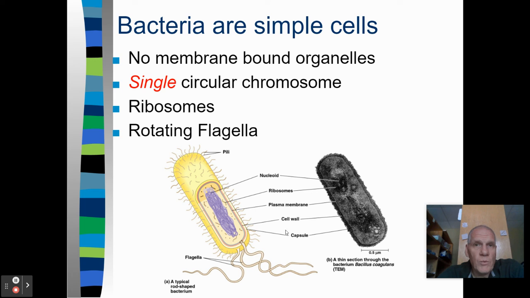Okay, again, what do we know about bacteria? They are very simple cells, no membrane-bound organelles, but they do have ribosomes, but the ribosomes do not have a membrane around them. So in bacteria, there's no Golgi apparatus, there's no endoplasmic reticulum, there's no lysosomes, all that kind of stuff. They do have ribosomes, and if they do have a flagella, it doesn't wave back and forth like a sperm cell. Instead, it rotates more like a helicopter blade.